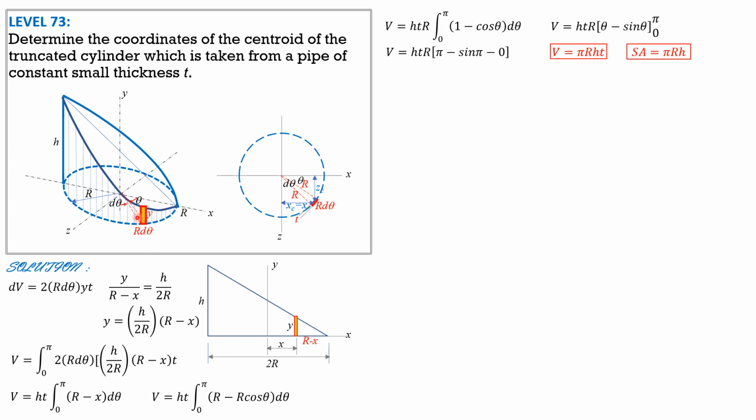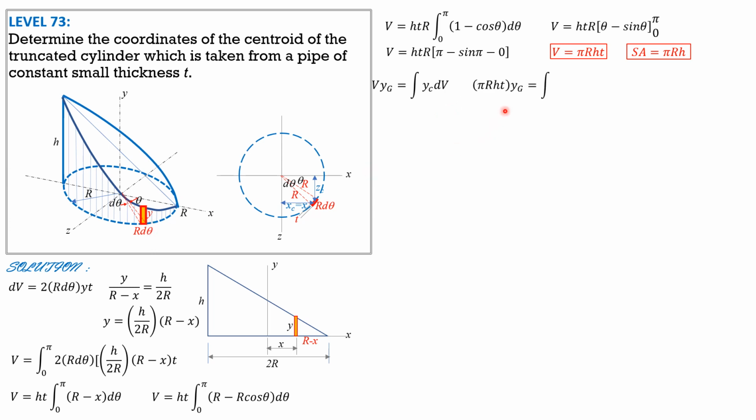The centroid of the surface area, as long as the thickness is constant, is also the centroid of the volume of this element. This surface, when multiplied by thickness, becomes volume. So by Varignon's theorem, volume times y_g equals integral of y sub c dv, where y sub c is just y over 2.